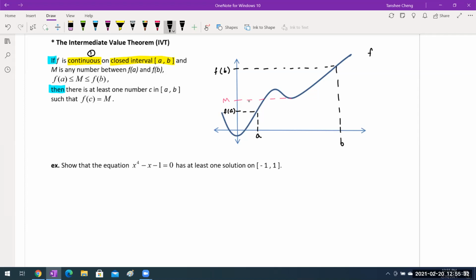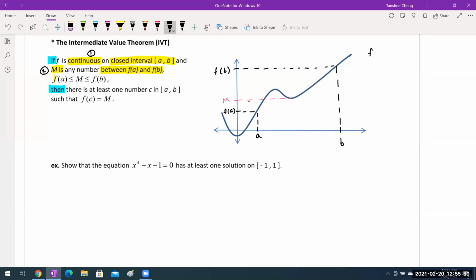That's the second criteria that we need to have. So there is an m that is between what? f of a and f of b. So that is the second criteria that we need to meet.